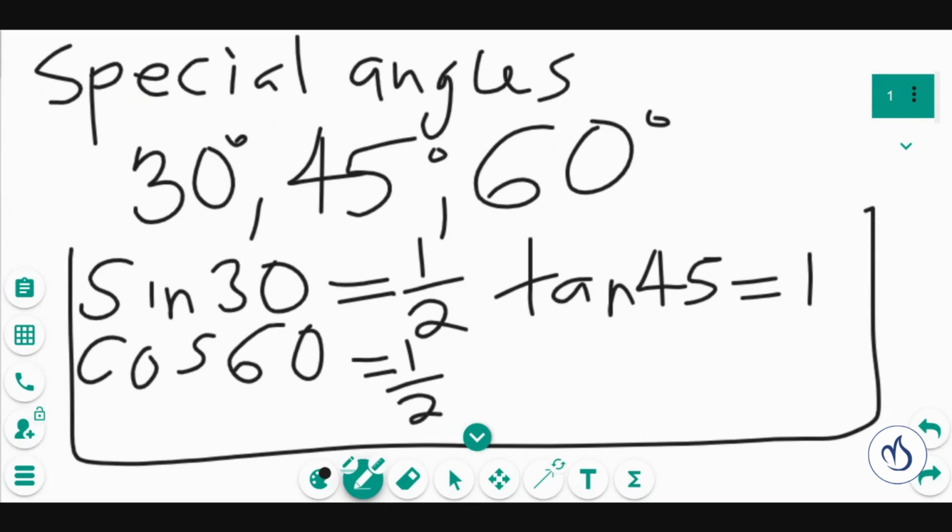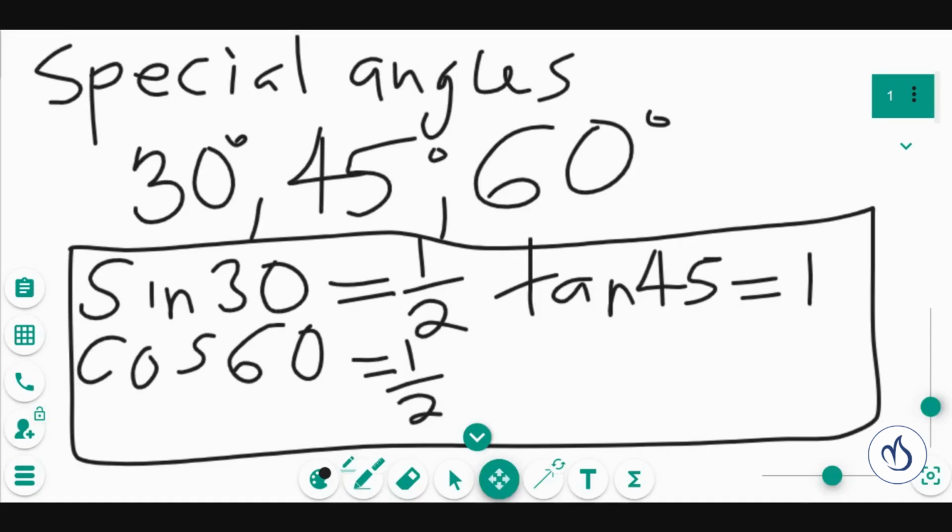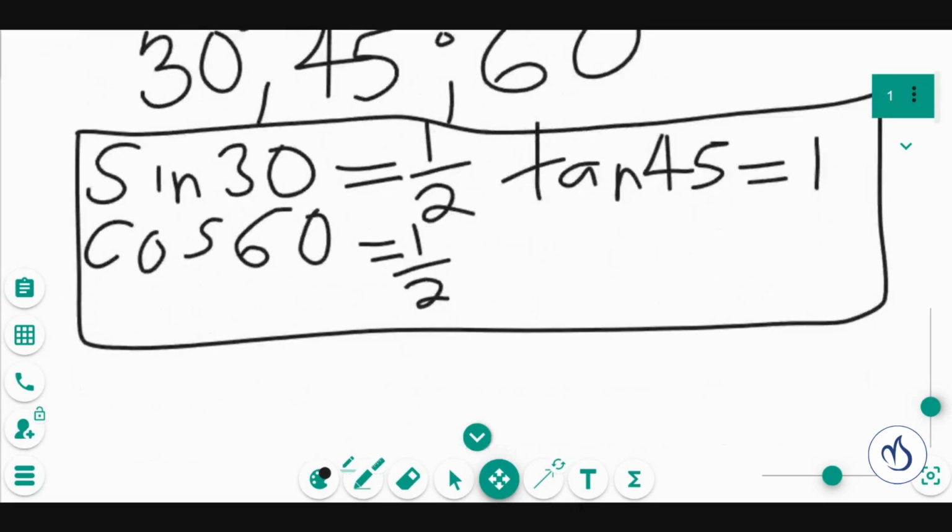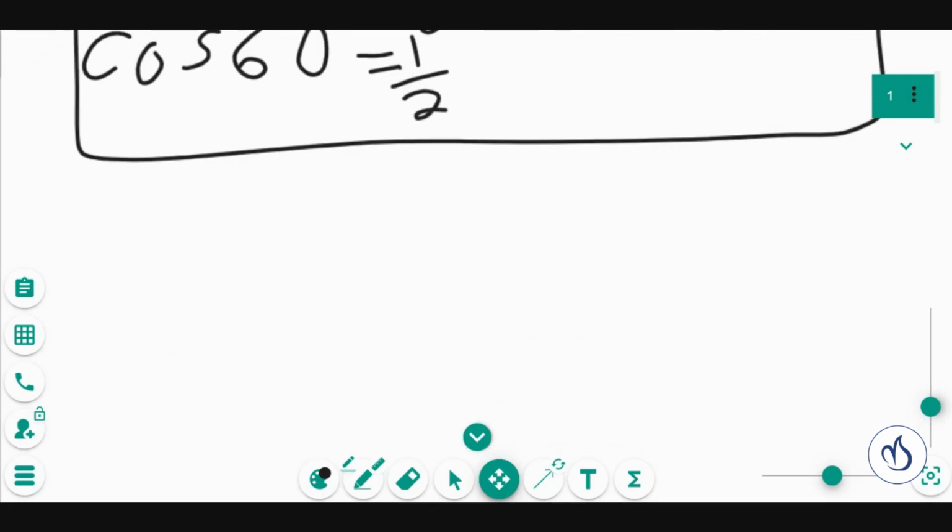That we should know without touching a calculator: that the sine of 30 is a half, the cosine of 60 is a half, and the tan of 45 is 1. Of course, this is science. We must be able to prove that.